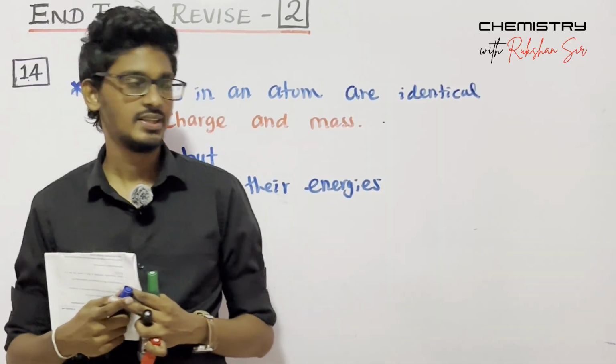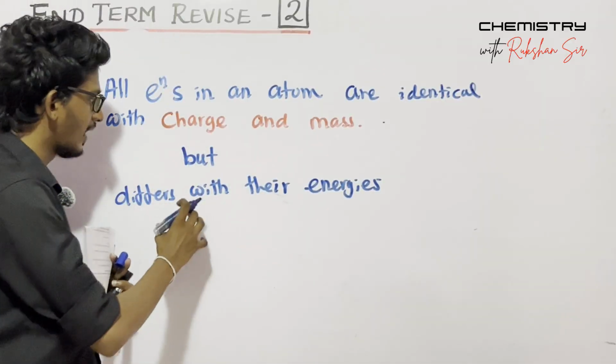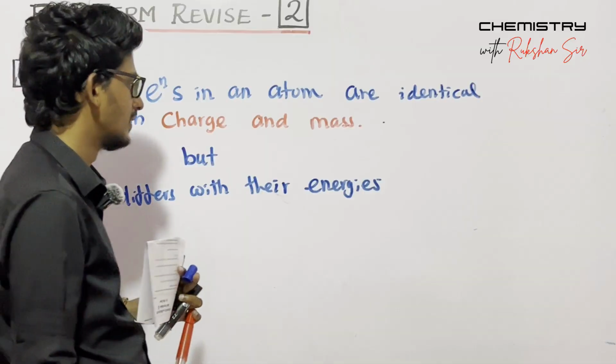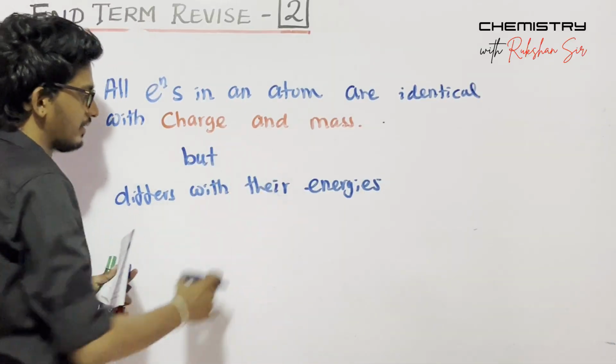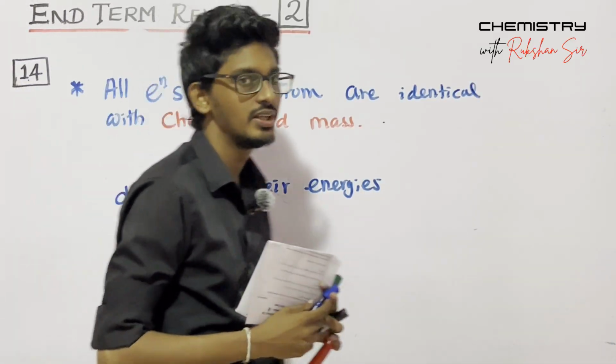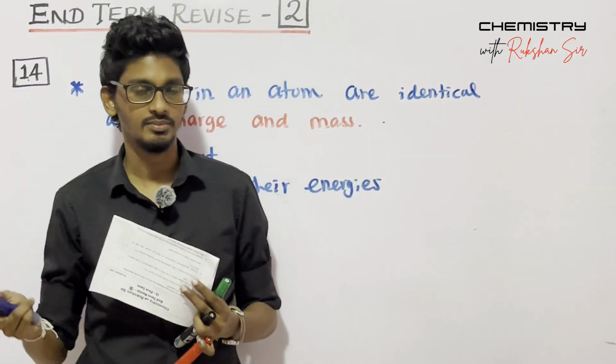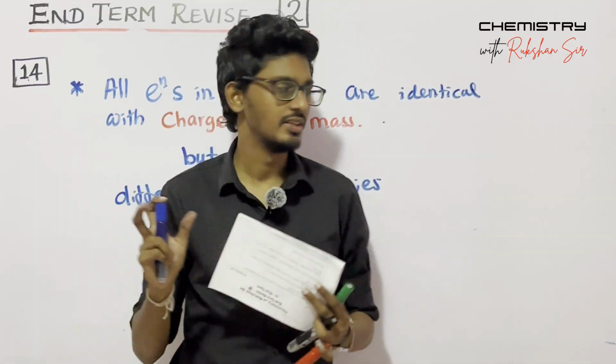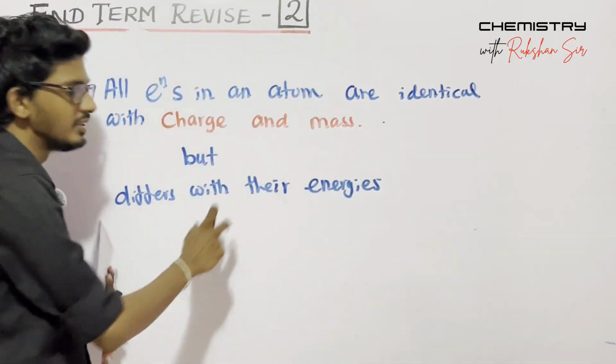Like that, no? So electrons are not identical with energies. Electrons are identical with charge and mass. All the electrons in any atom are identical with charge and mass, not with the energies.